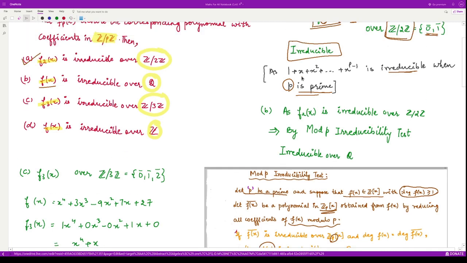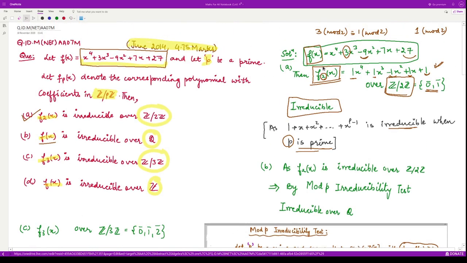Now you have already calculated that for p equal to 2 the corresponding polynomial f_2(x), with the same degree 4, is irreducible over Z mod 2Z.